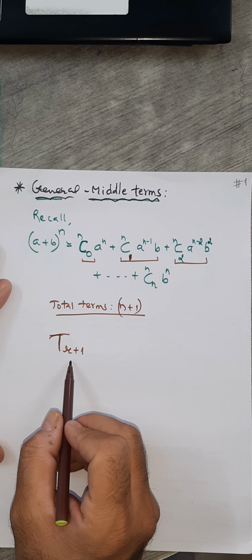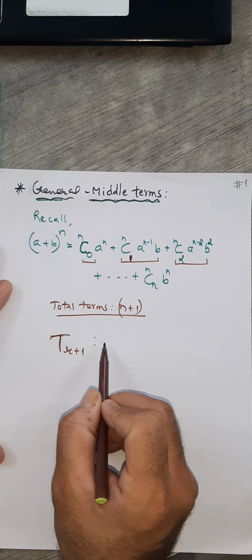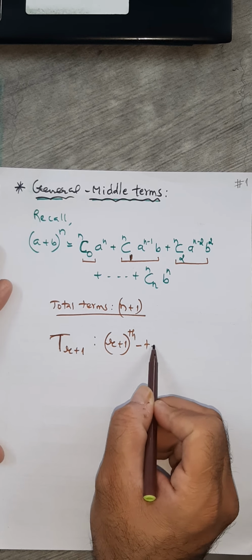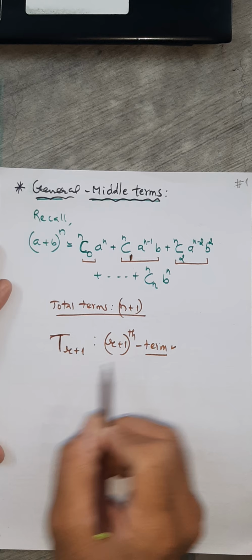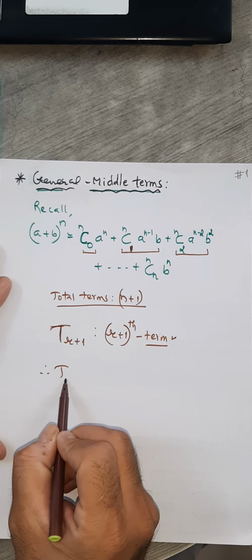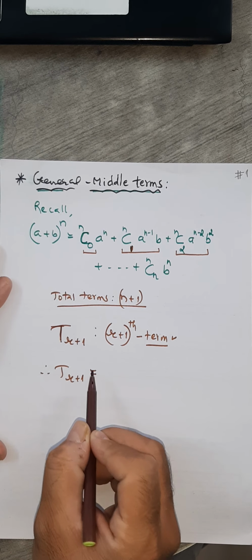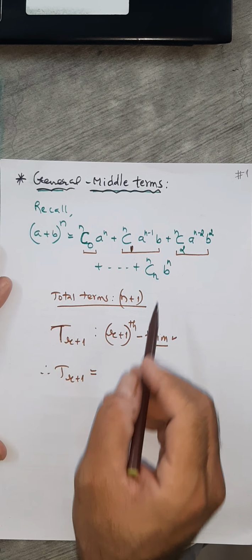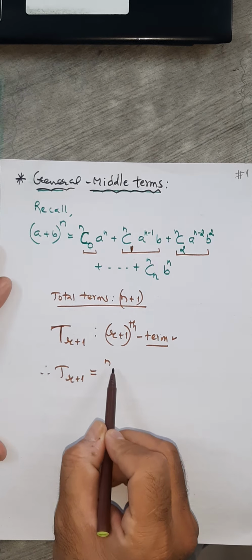Which term is this? The r plus 1th term, remember. This is the r plus 1th term in the above expression. So here, if you observe, if you have the first term then 0, the second term then 1. So here I must have one less index.